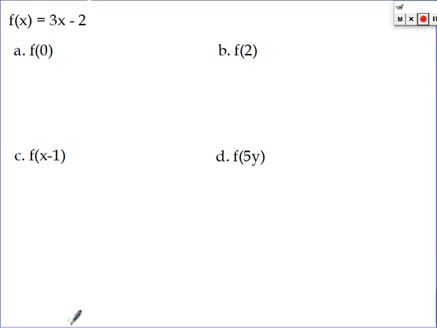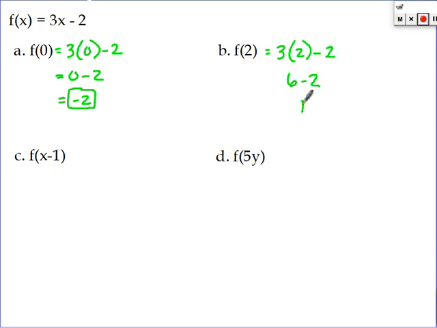So this one would become 3 times 0 minus 2, which just gives me negative 2 as my answer. So for letter B, it's just a number. So 3 times 2 minus 2. 6 minus 2 is 4.